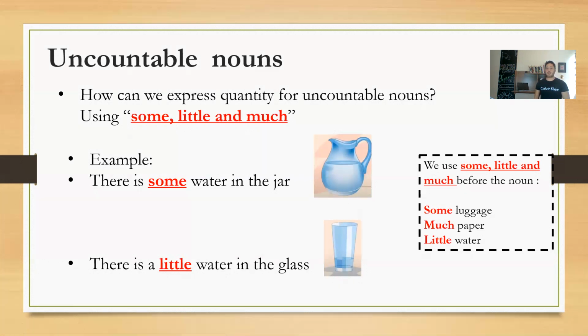And as you can see, there's a lot of water. So we say there is some water in the jar. And in the second picture, we see a glass of water. And there is little water. So we say there is little water in the glass. So to express quantity, we use some, little, and much.